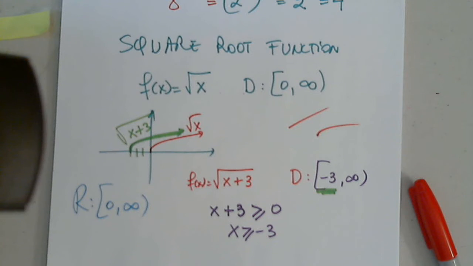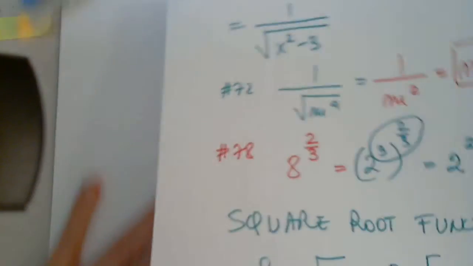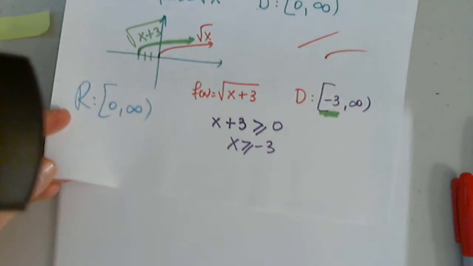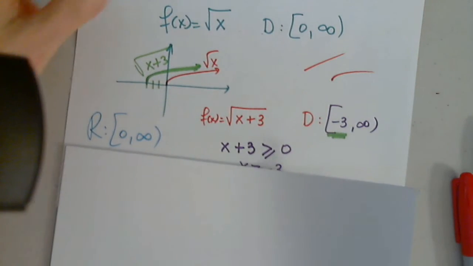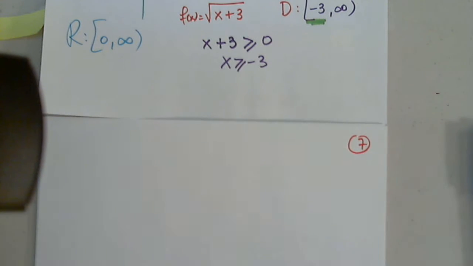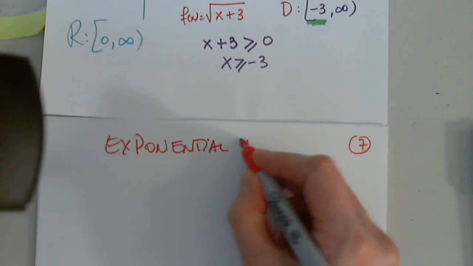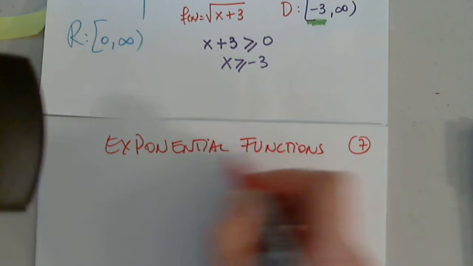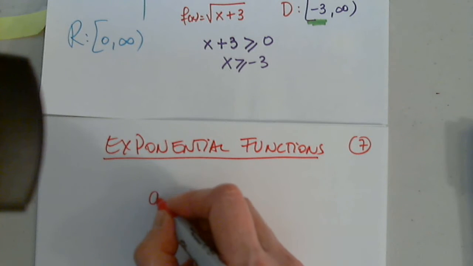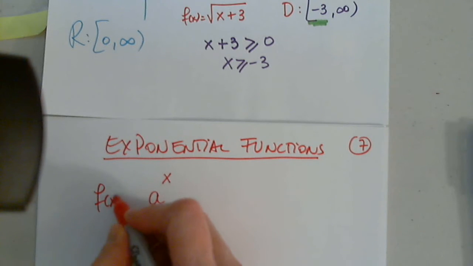So let's review exponential functions. Exponential functions are called exponential because the power is the variable.